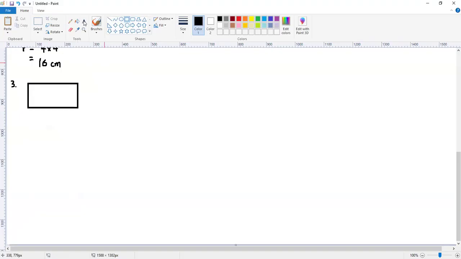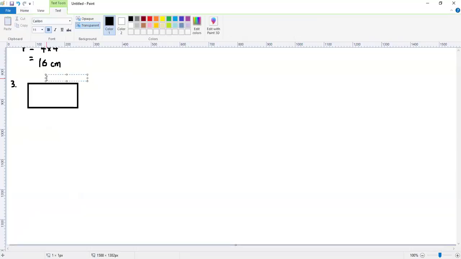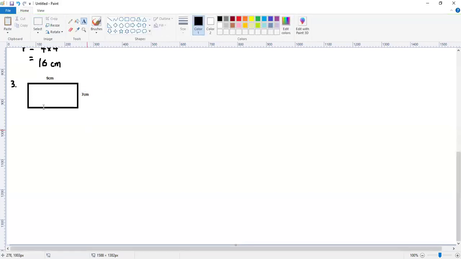So let's pretend our rectangle this time is 9 cm by 7 cm. Okay. All right. So we're now asked to find the area of this rectangle. So area of a rectangle is given by length times breadth. That's very simple, isn't it?